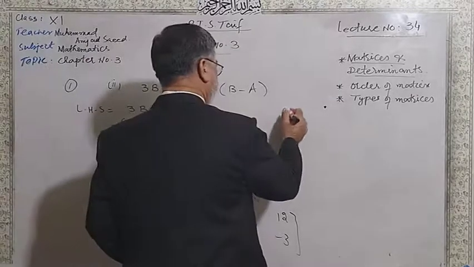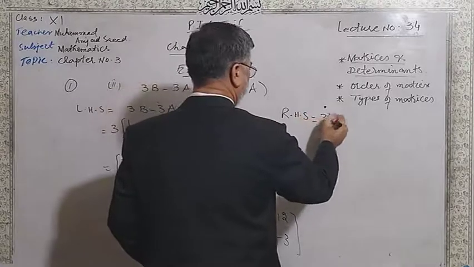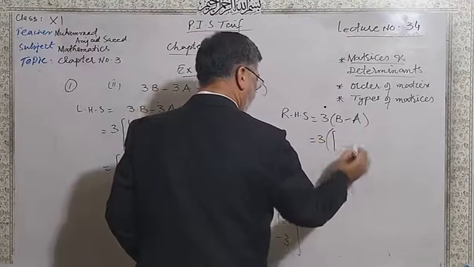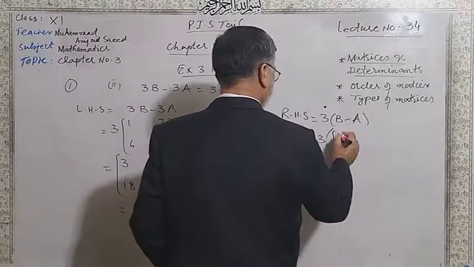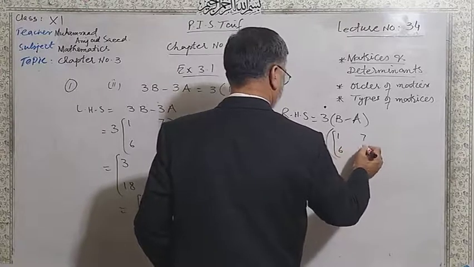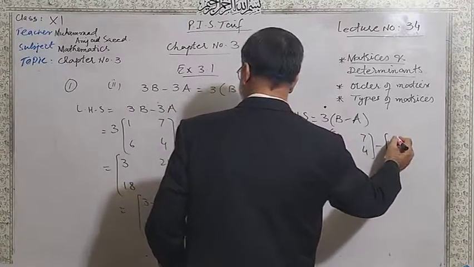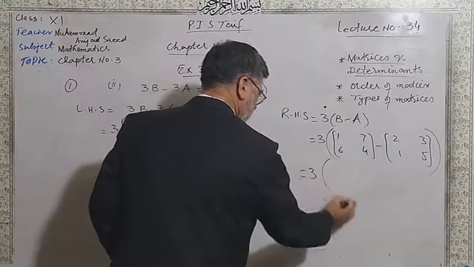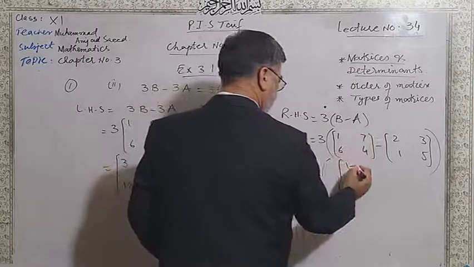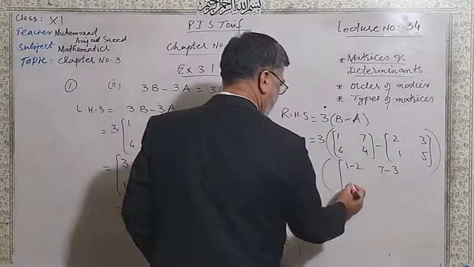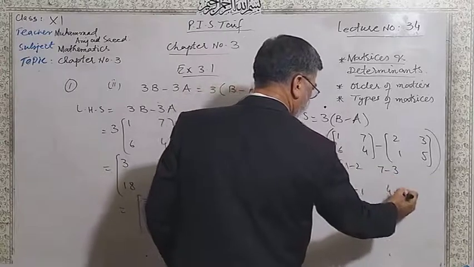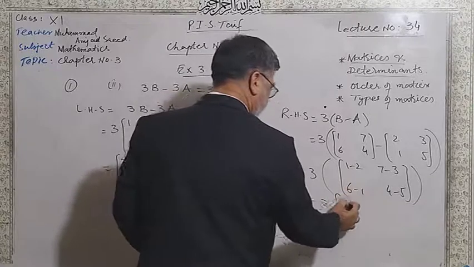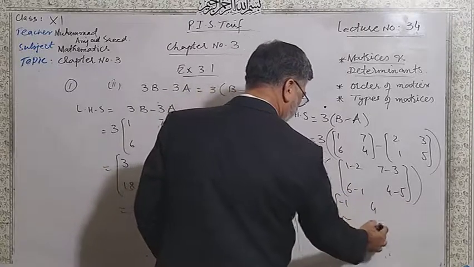Similarly, you can take right hand side, 3 into B minus A. B is 1, 7, 6, 4, minus A is 2, 3, 1, 5. First minus first, second minus second, third minus third, and fourth minus fourth. Here it will be minus 1 and 4, 5 and minus 1.